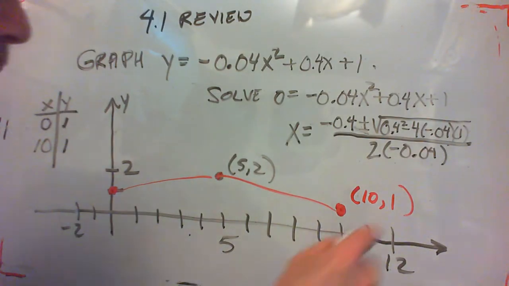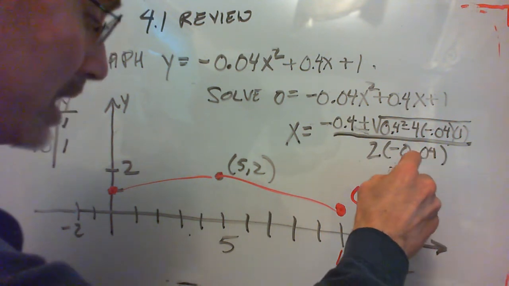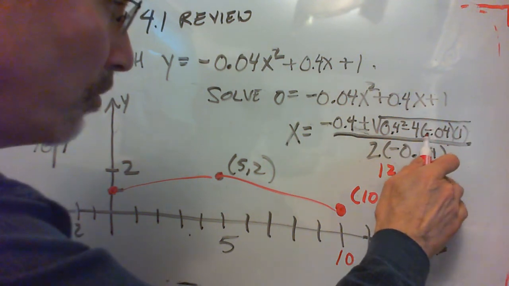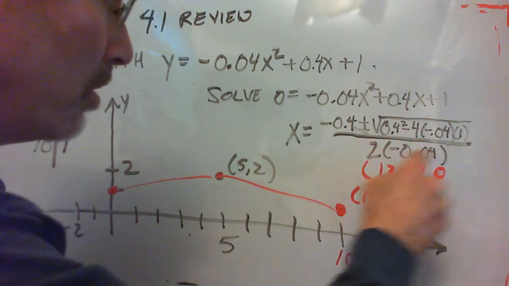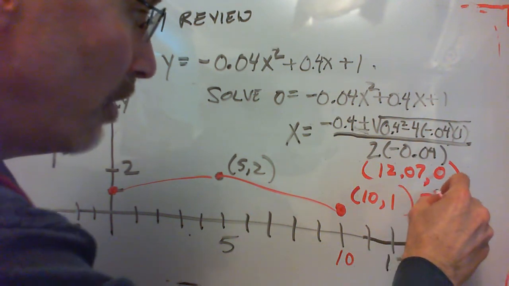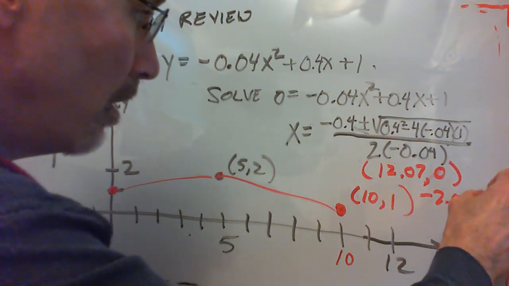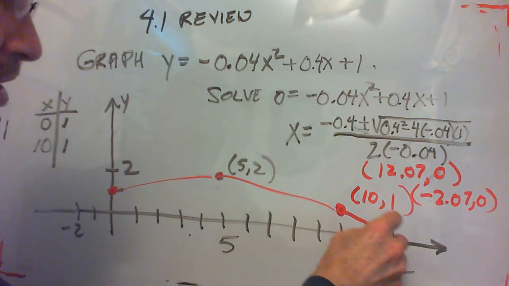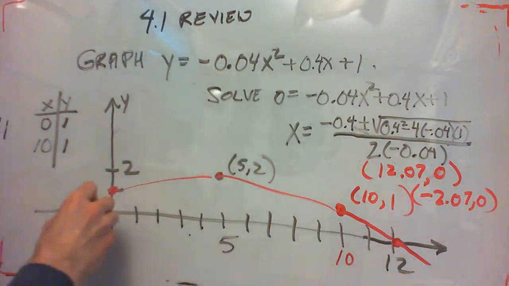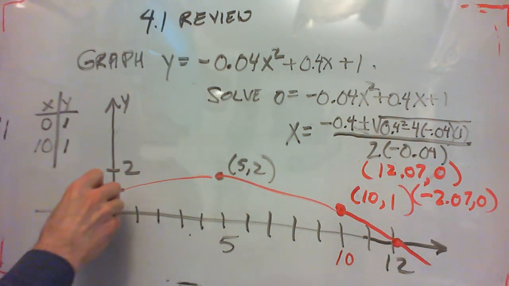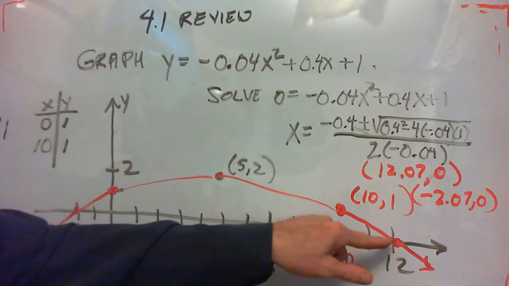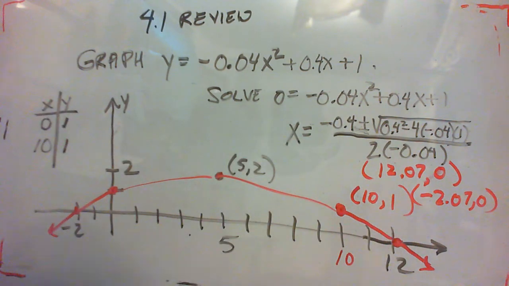And we get two answers for the intercepts: 12.07 for x when y is 0, and negative 2.07 for x when y is 0. So those are the points just to the right of 12 and just to the left of negative 2. That's how we find the intercepts, just letting the function equal 0, because that's when the y value is 0 at the x-intercept.